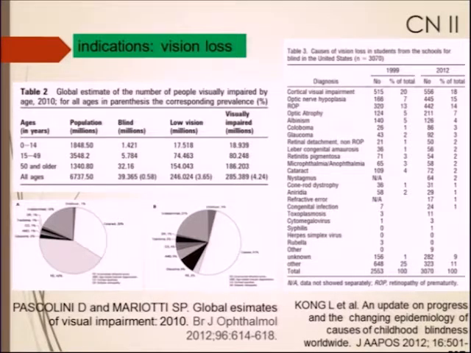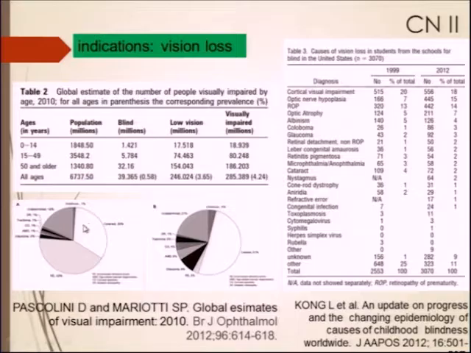We know that vision loss back in 2010 was estimated to affect about 18 or 19 million children worldwide, according to some studies, and 1.4 million blind children back in 2010.